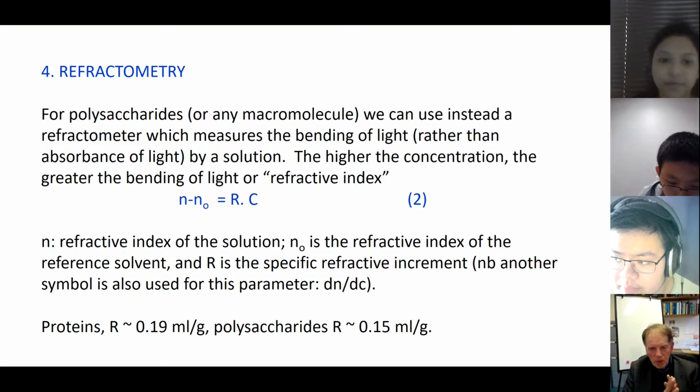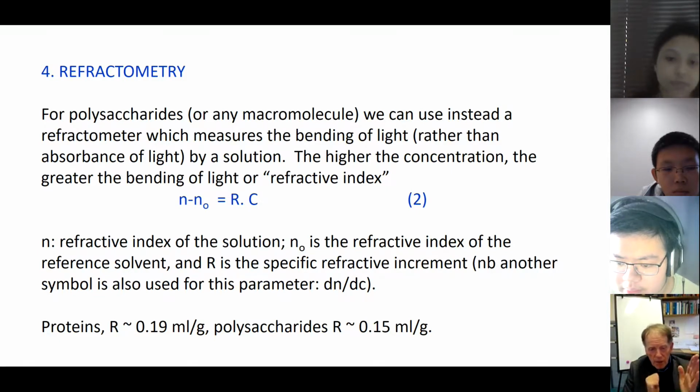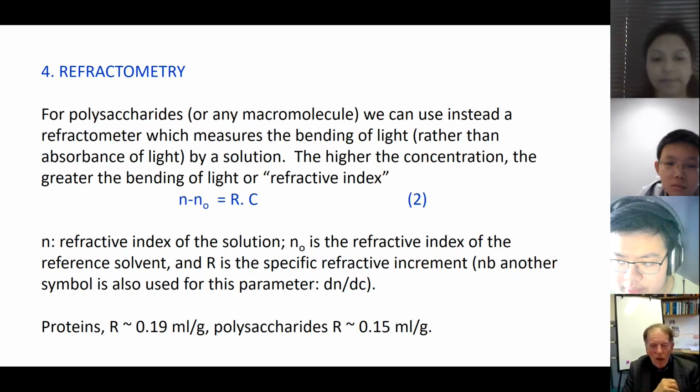So water will bend light, glass will bend light even more because of its different composition. And solutions and molecules will also deviate the path of a beam of light depending on the concentration.